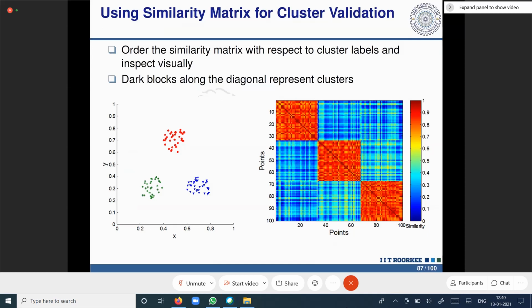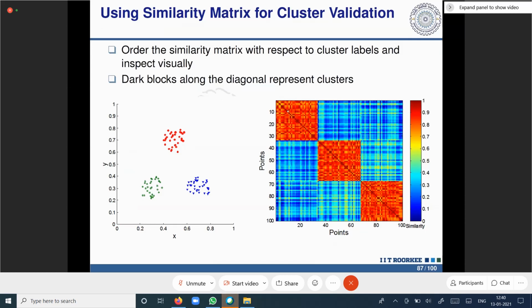Another way is using the similarity matrix for cluster validation. In this, we order the similarity matrix with respect to cluster labels and inspect it visually, so this is a visual approach. We find the distance matrix and then reorder it based on the cluster labels. So all the points belonging to the red cluster are here, points belonging to the green cluster are here, and then the blue cluster are here.